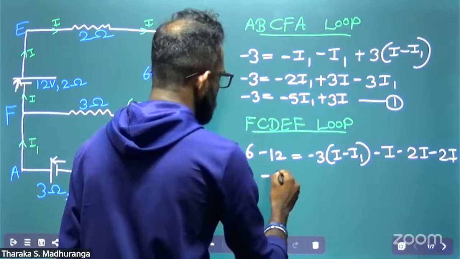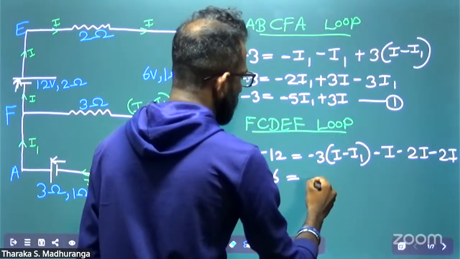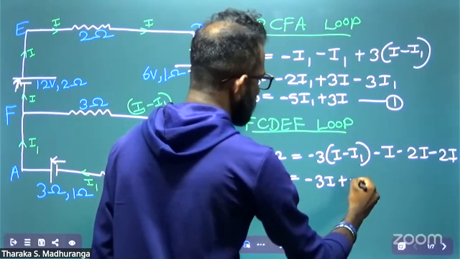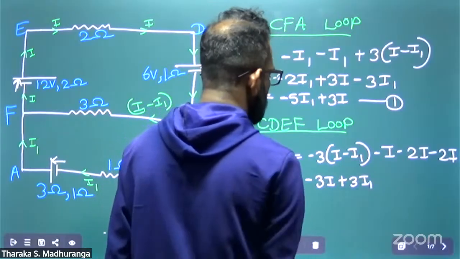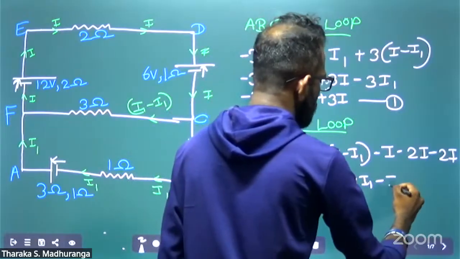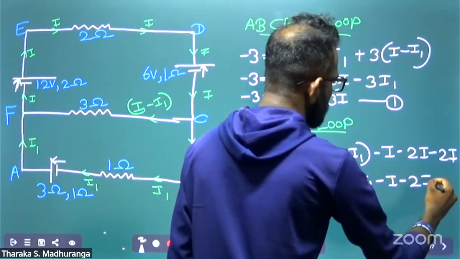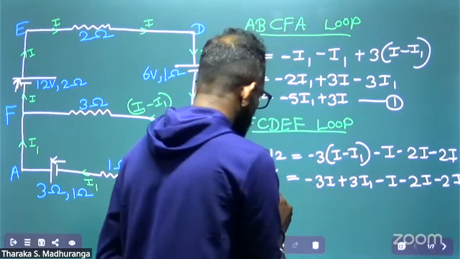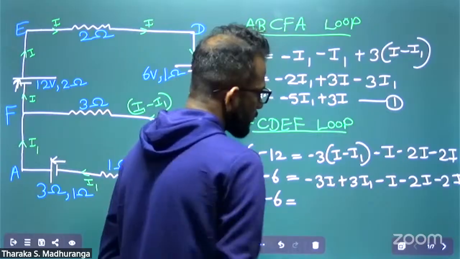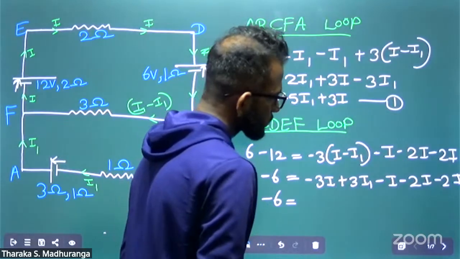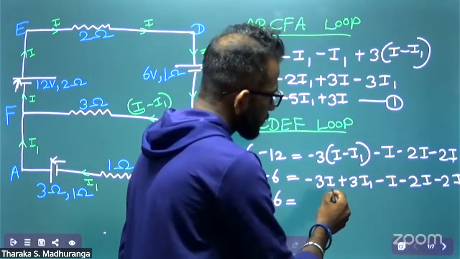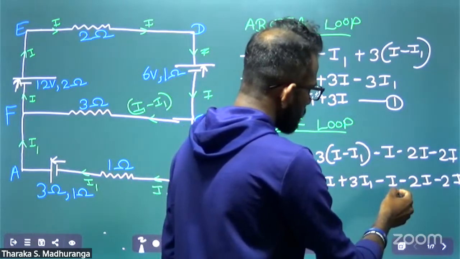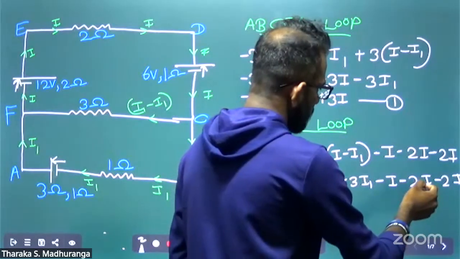Then minus 6 equal minus 3I plus 3I1 minus I minus 2I minus 2I. Now minus 6 equal minus 3I minus 4, 6, 8.